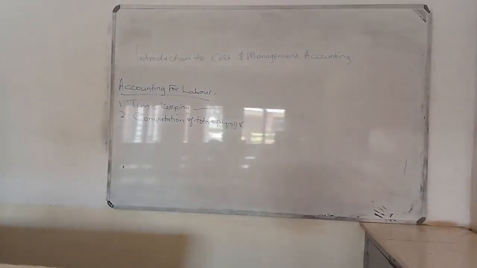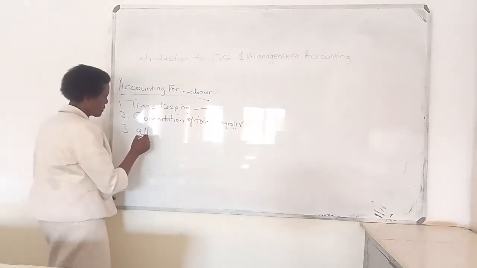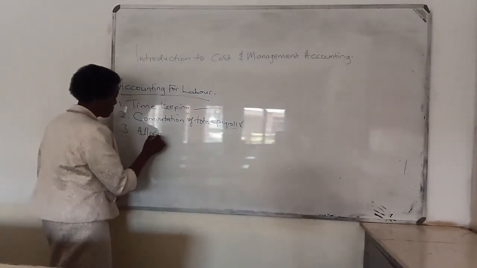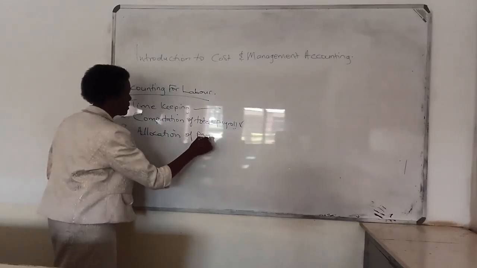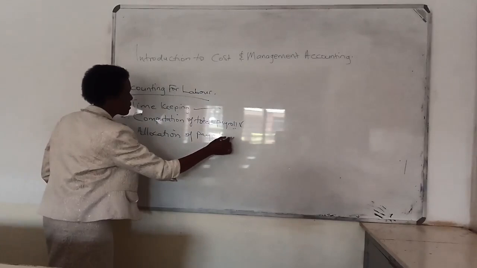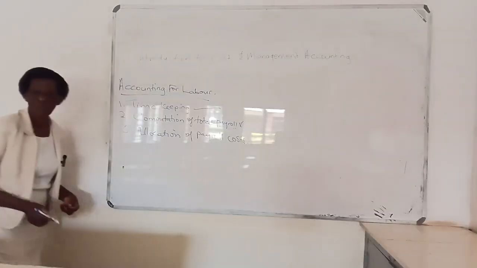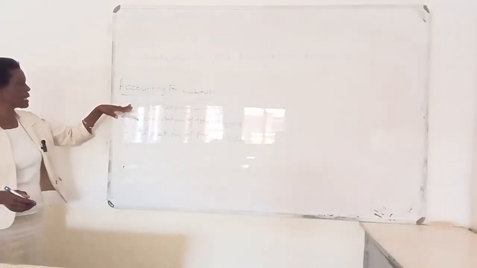So that is the second one. And then we have the other one, when we're accounting for labor, we also have to allocate the payroll costs. Third, allocation of payroll costs. We have accounted how many hours an individual has done.